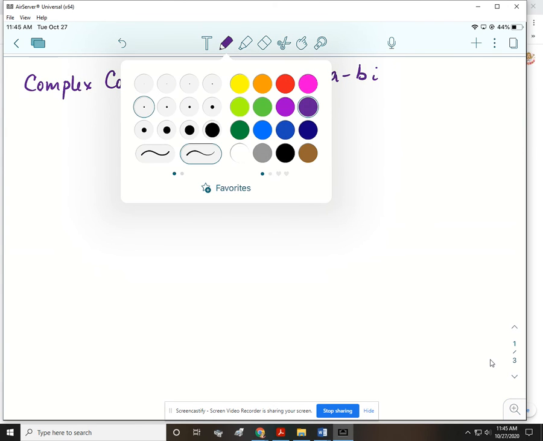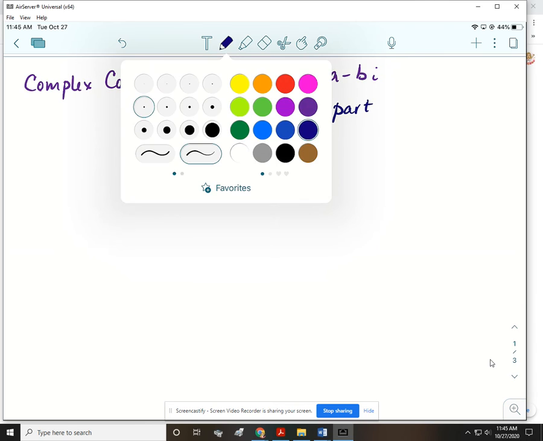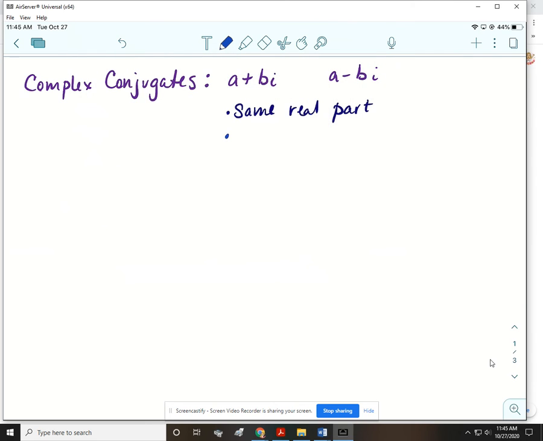So complex conjugates are going to have the same real part but they are going to have opposite imaginary parts. Okay. And something kind of magical happens when we multiply complex conjugates, and I'll show you what I'm talking about. So that's what we're going to do on example 2.